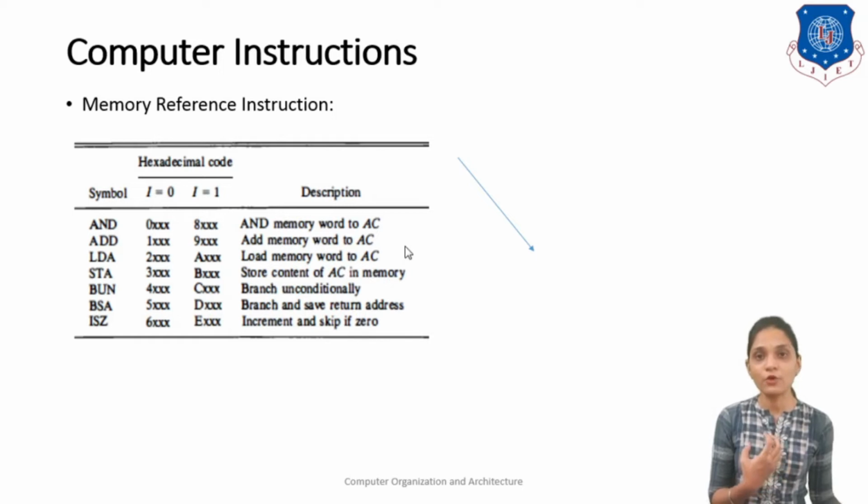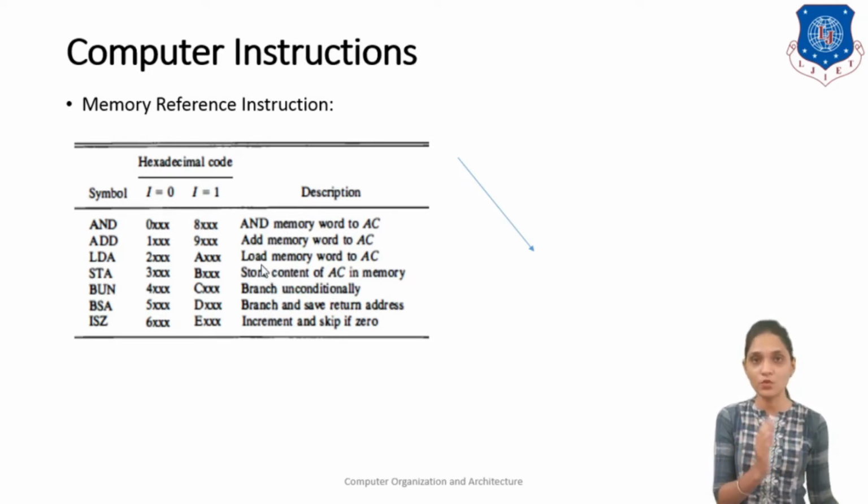If you have used an instruction like BUN 500, that means you have to now start your instruction execution from the address provided in this instruction, and that address here is 500. So now onwards your instruction is executed from location 500.